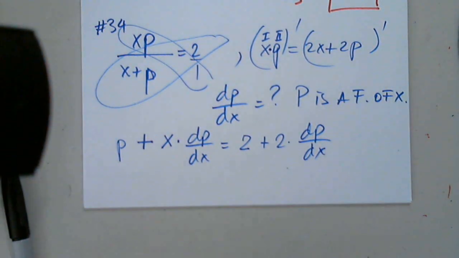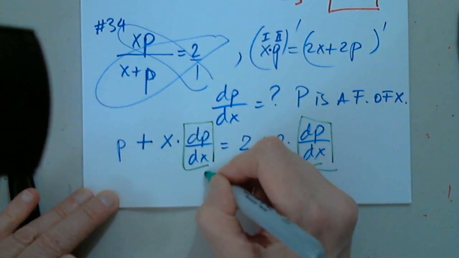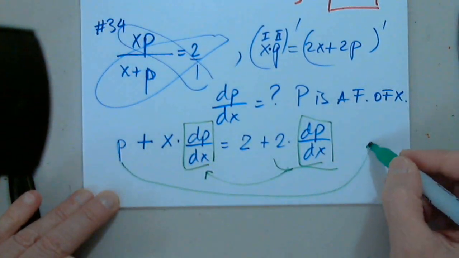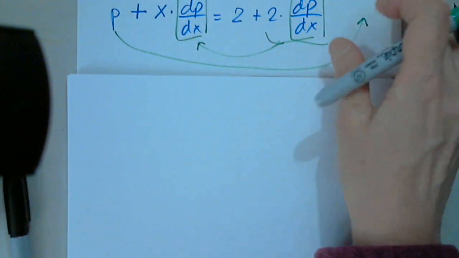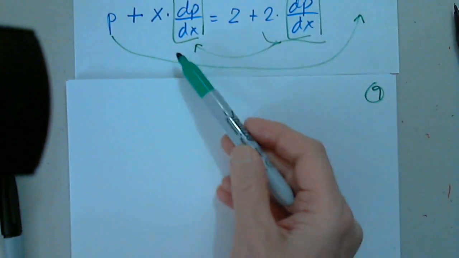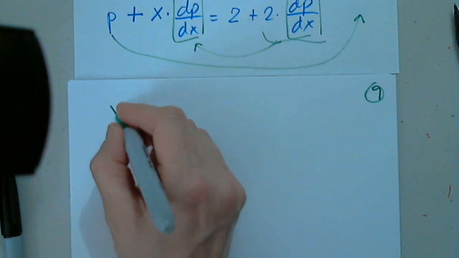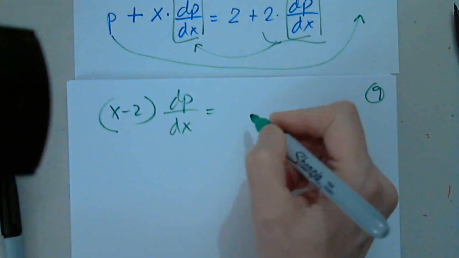That's it. So we are after this piece. This term has to be moved to this side, and p has to be moved to this side. So when I move it, the 2 becomes negative. So x minus 2 times dp over dx equals 2 minus p.